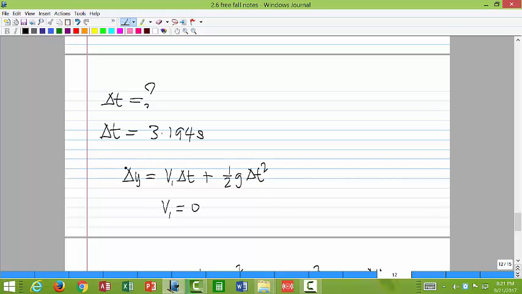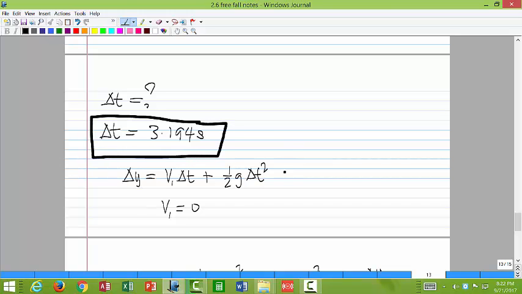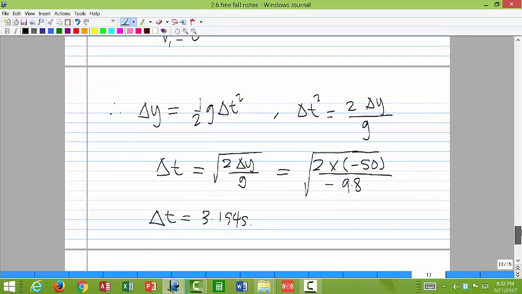So we use our kinematic equation delta y equals v initial delta t plus half g delta t squared. Note that this delta t is an answer that you gave me in class, so I'm just going to check that using our kinematic equations. We know initial velocity is 0, so this portion goes away. Let's go down to the next frame.